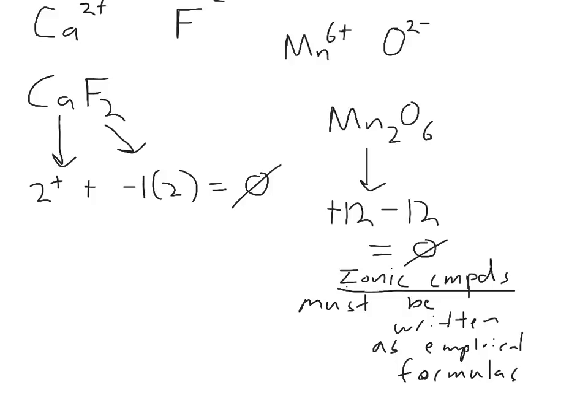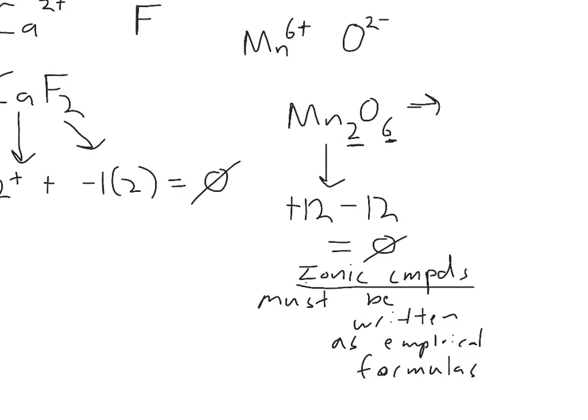Molecular compounds are different. So what that means is 2 and 6 have a common factor. They're both divisible by 2. The correct formula for this compound is MnO3.